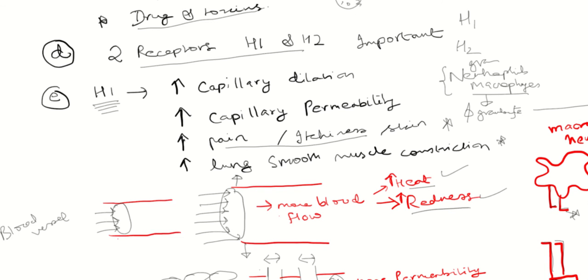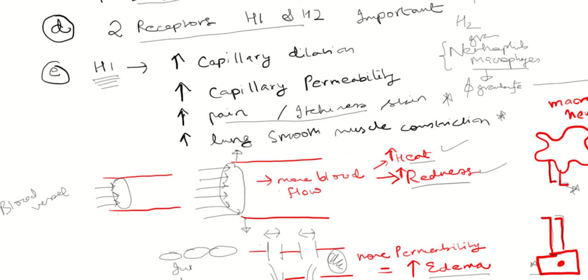We talked about the H1 receptor, where it causes cardinal signs of inflammation: capillary dilation, capillary permeability, pain, and lung smooth muscle constriction, which causes the heat, the redness, the edema, all of those signs of inflammation.